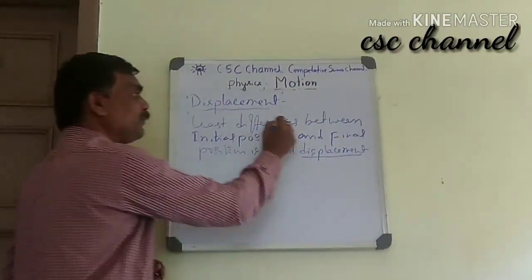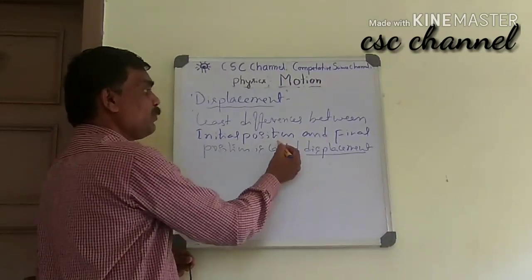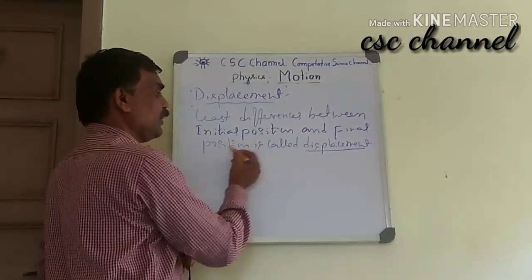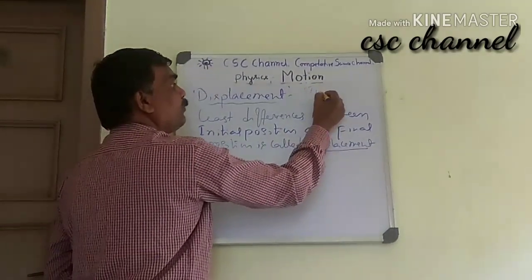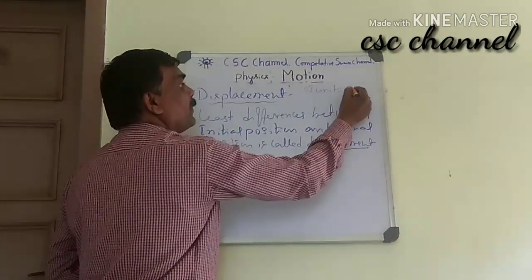The least difference between initial position and final position is called displacement. SI unit of displacement is meter.